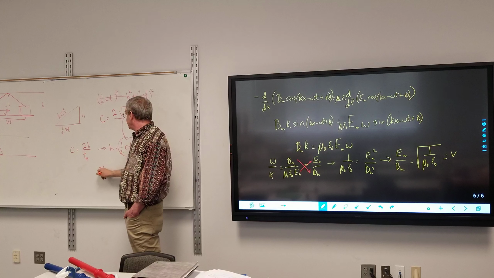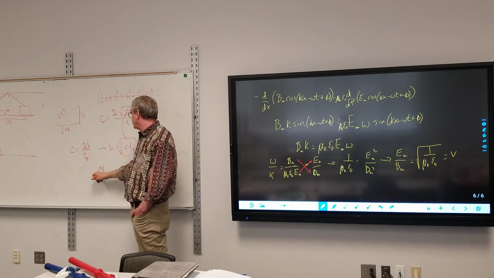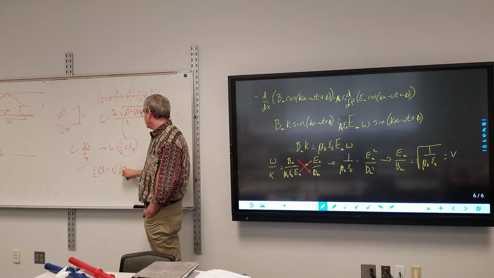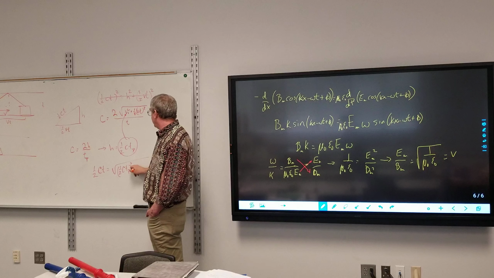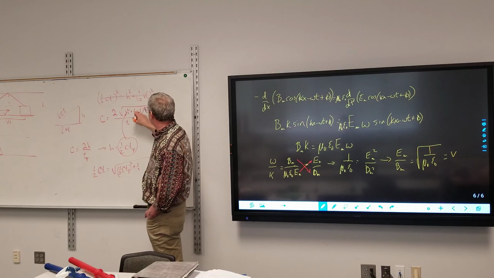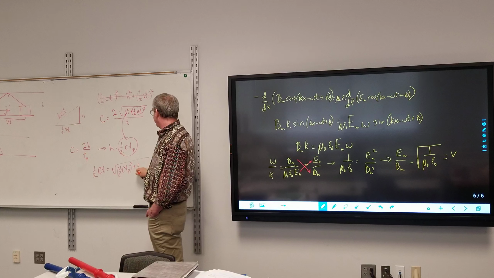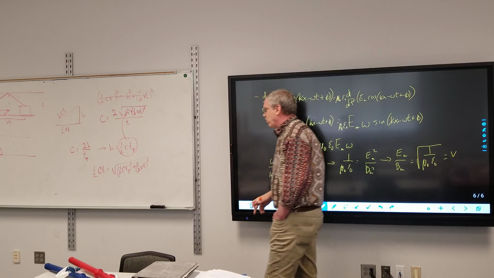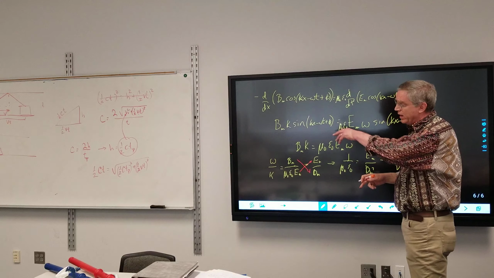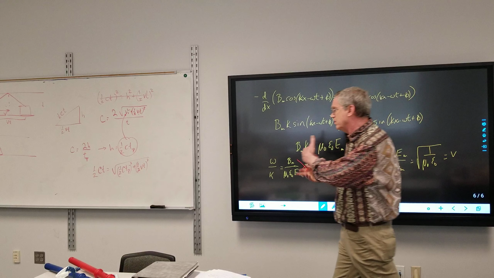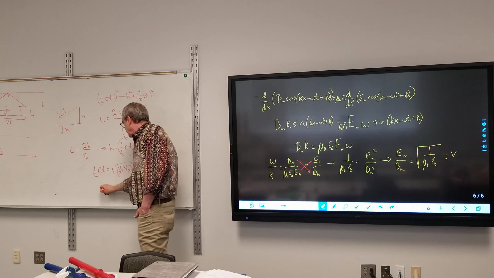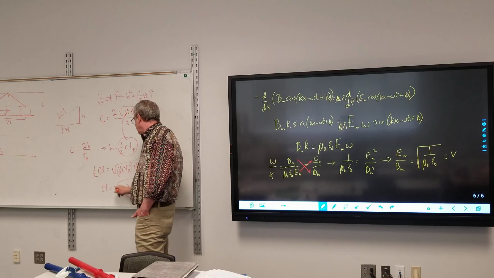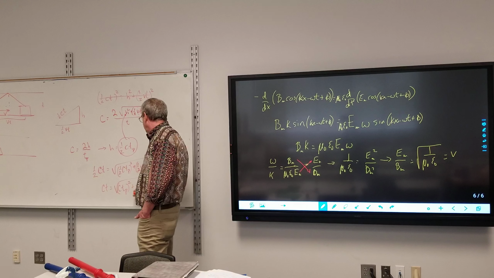So 1/2 ct is equal to the square root of (1/2 ctp) squared plus (1/2 vt) squared. I've got a 1/2 in both terms, so I can factor out the 1/2 squared and take the square root. In essence, my halves go away. So I get ct is equal to the square root of (ctp) squared plus (vt) squared.